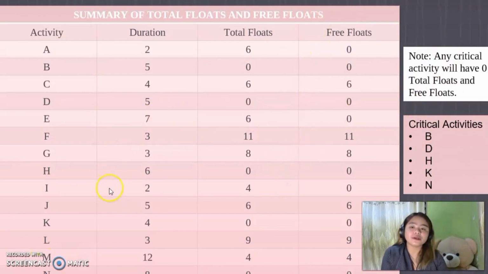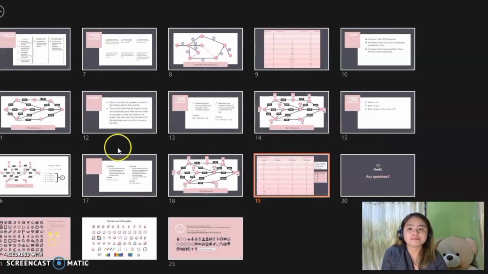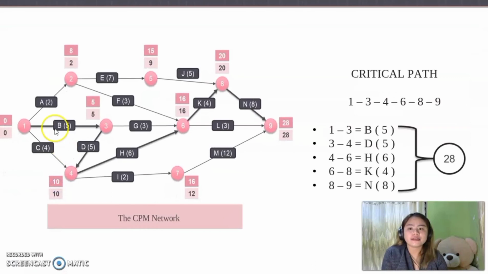Our critical path is B, D, H, K, and N, which is 1 to 3, 3 to 4, 4 to 6, 6 to 8, and 8 to 9.